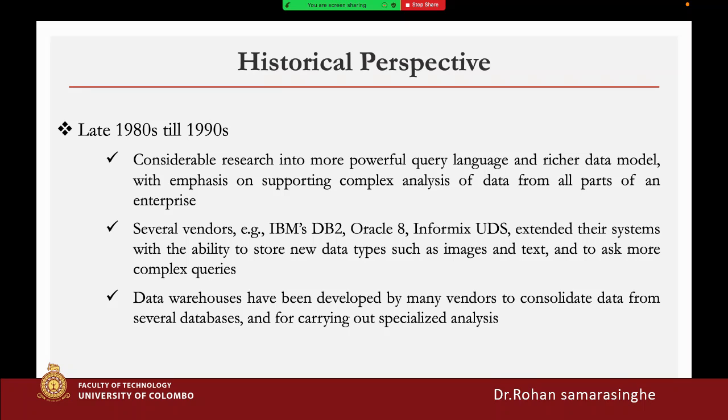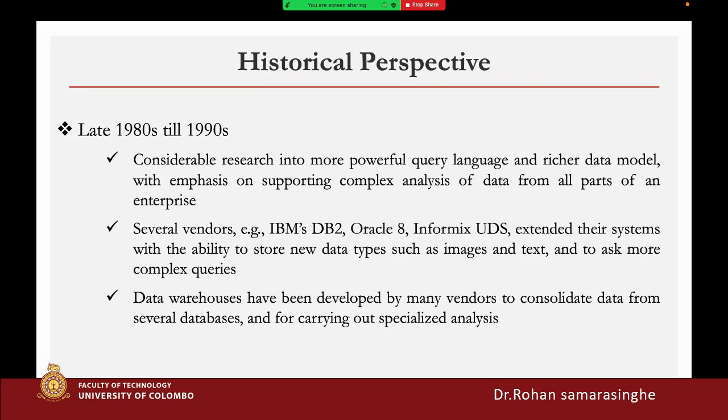Several vendors, IBM DB2, Oracle 8, Informix, UDS, extended their systems with the ability to store new data types such as images and text, and to ask more complex queries.